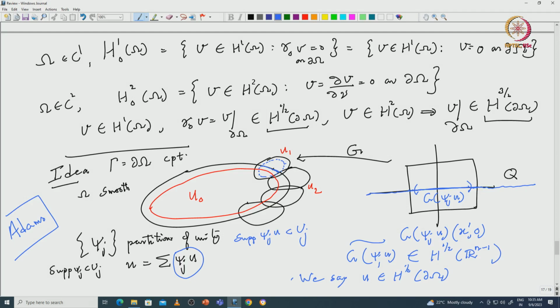So, the Fourier transform somehow allows you to do that. Okay. So, not only H^{1/2}, you can define H^s, whatever it is. You can do that. Okay. That is the way it is defined.